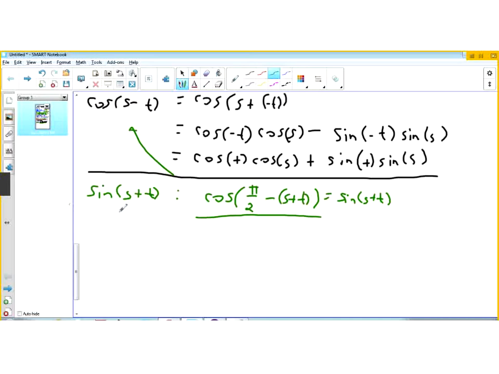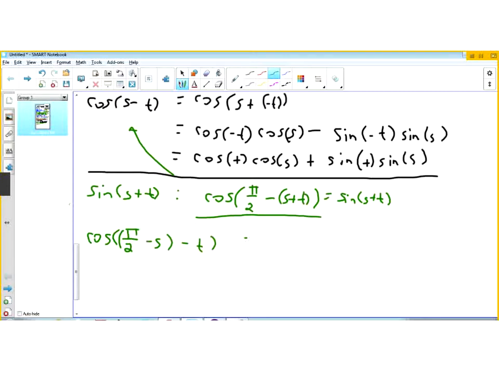All right, so using this formula right here, this would be the cosine of pi halves minus s plus t. Perhaps we can say the cosine of pi halves minus s, okay, that would be one term, and then minus t.